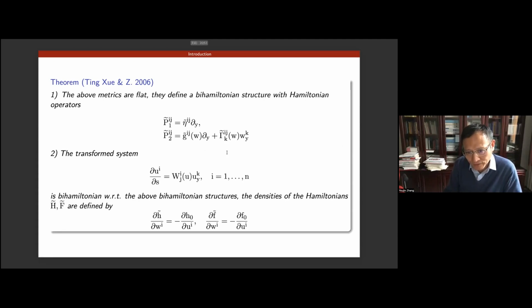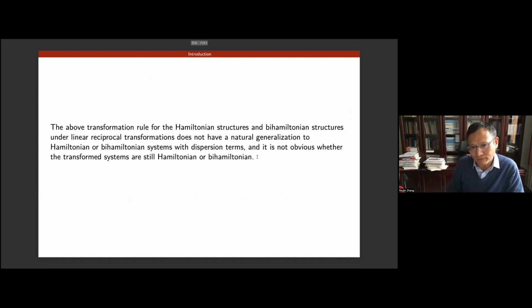But for general bihamiltonian systems with dispersion terms, we are no longer able to construct such an explicit formula for the bihamiltonian structures. We even don't know whether these transformed systems possess bihamiltonian structures. So this is the question that I answer in what follows.